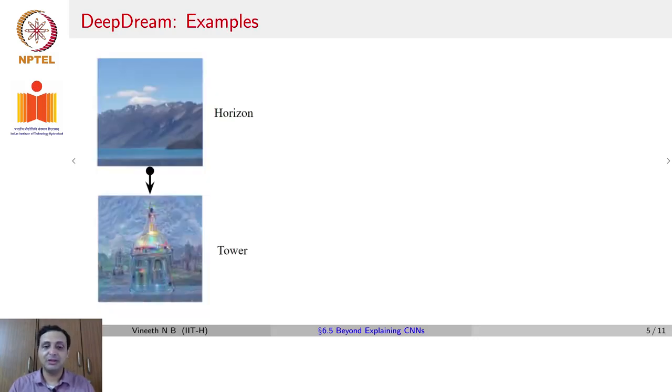A few more examples of deep dream. So given an image of a horizon, you can actually convert it to one of a tower. You can actually see that this is the same image taken, but you keep on juxtaposing a tower filter on it, and you end up getting a construction such as this.